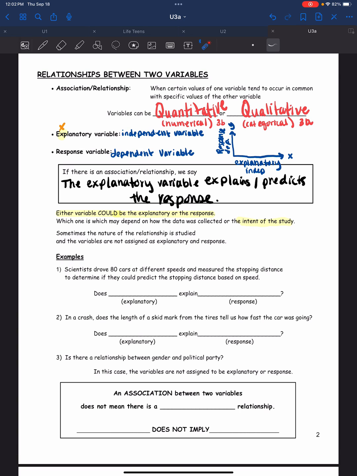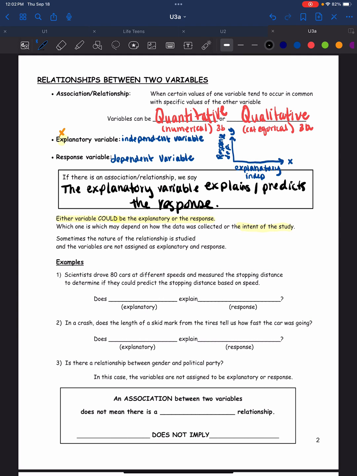Number 1 says, scientists drove 80 different cars at different speeds, and they measured the stopping distance to determine if they could predict. So what are we trying to predict? We're trying to predict the stopping distance based on speed. So here we have to find out what is the explanatory variable and what is the response variable.